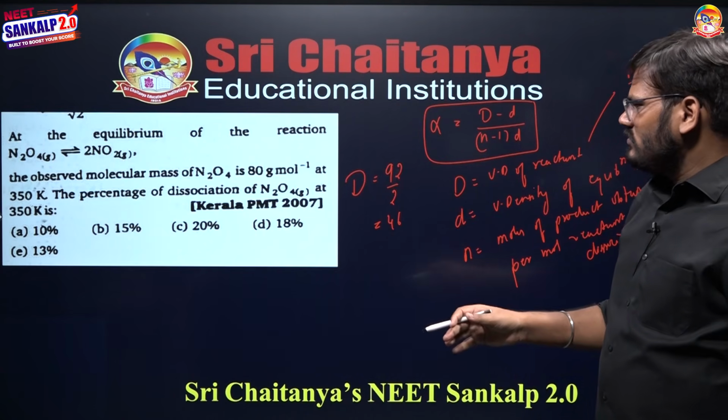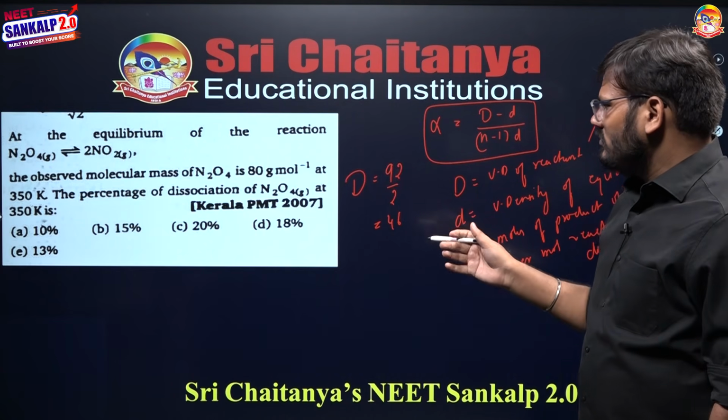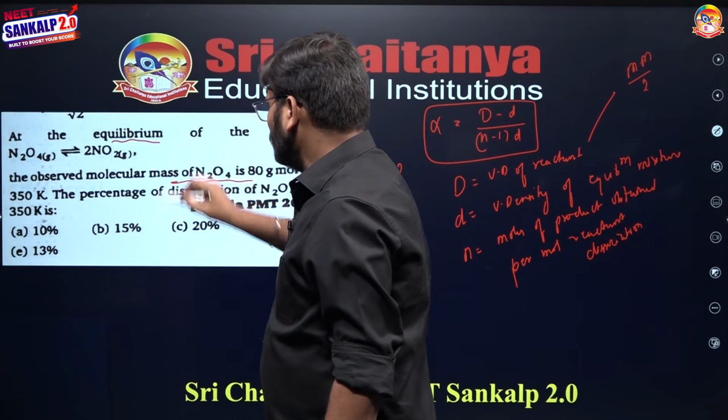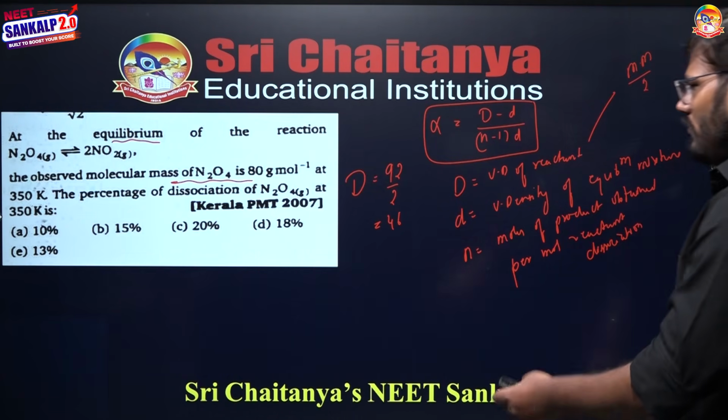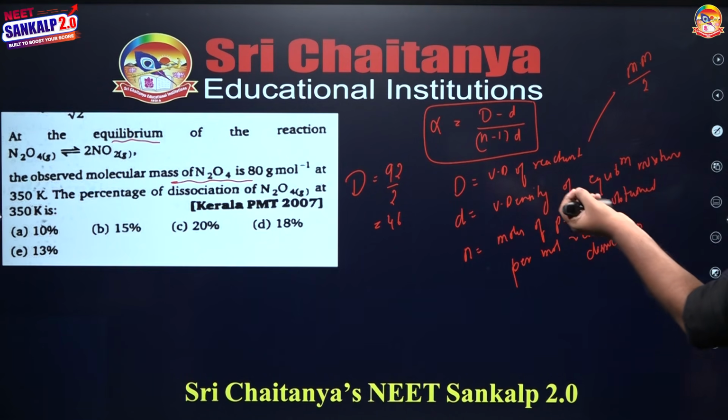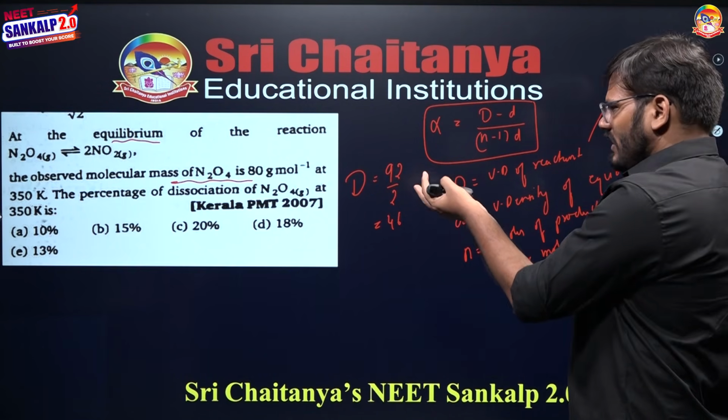And they have given us observed molar mass at equilibrium. Observed molecular mass means the observed molecular mass of this reacting mixture.